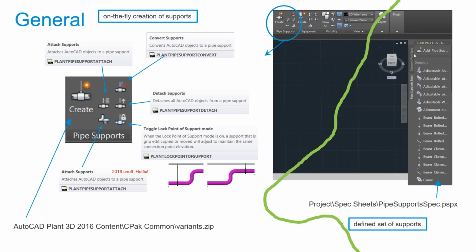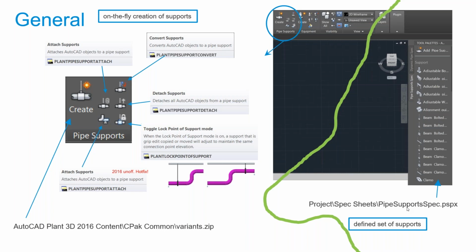On the right side, you see the pipe support spec that is always shown in the Plan3D tool. This comes from the pipe support spec PSPX and PSPC, which is out of the box in every standard project, and this is where it originates.